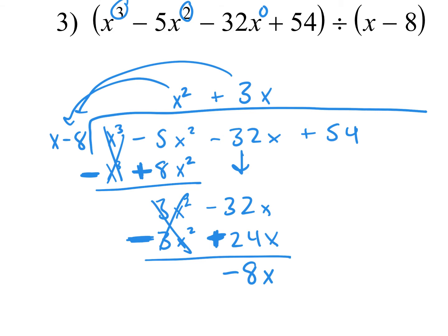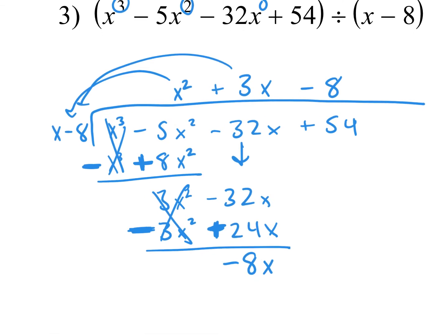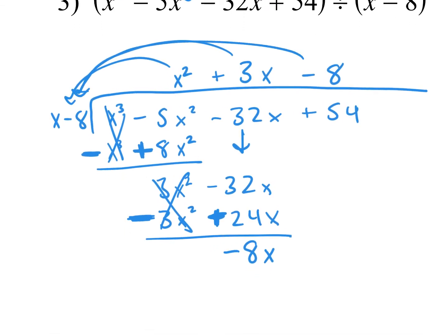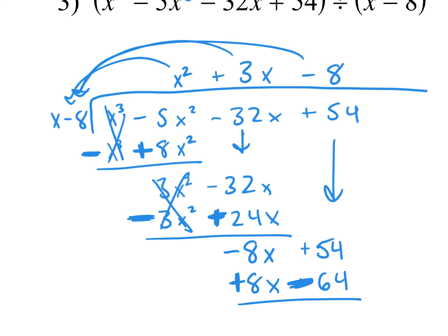What's next? Divide. So what is negative 8x divided by x? Negative 8. All I do is take away the x, so it's just negative 8. And then we multiply. So negative 8 times x is negative 8x. What's negative 8 times negative 8? 64. And then what's next? Change a sign, and bring down 54.